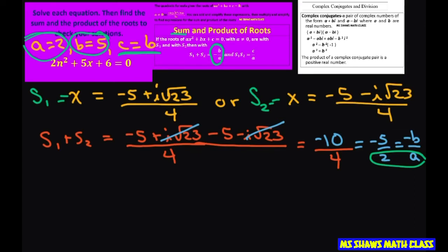That means we're going to have to do our product of roots. So we're going to multiply our two solutions together. And that's why I have this here, because we have complex solutions. We're going to use this formula here, because remember, i squared equals negative 1. So let's multiply these two together.